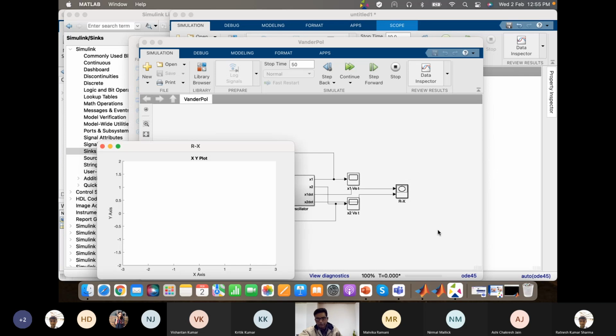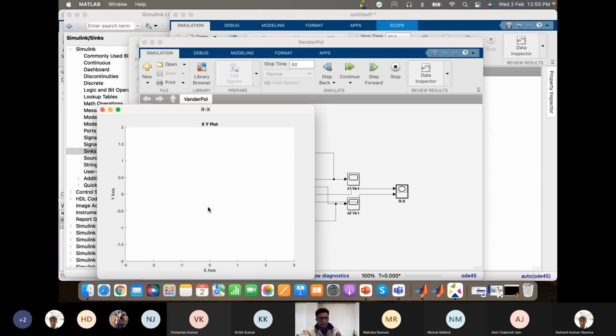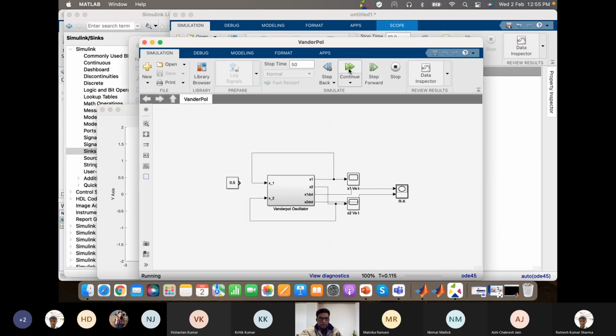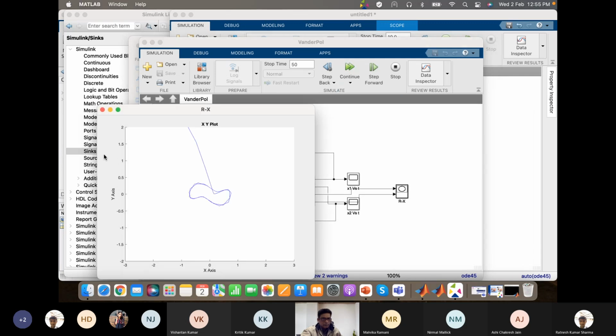I think it's taking time because there are so many things open on this laptop now. Essentially, it will give you a plot like that. Maybe run it one more time. Continue. Yeah, so that's the plot for the oscillator.